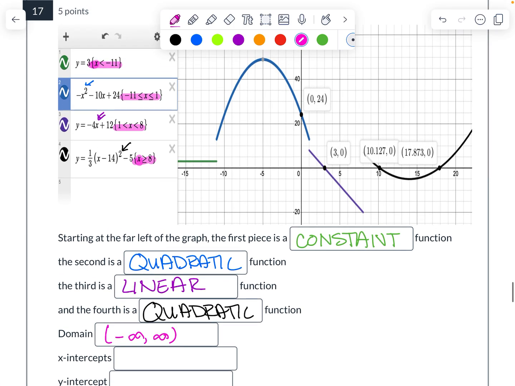People, when we write x-intercepts, we write the entire thing. And when there is a list, we put a comma, and then we do the next one, 0.127, comma, 0. And then between the last two answers, we use the word and. And we put 17.873, comma, 0.